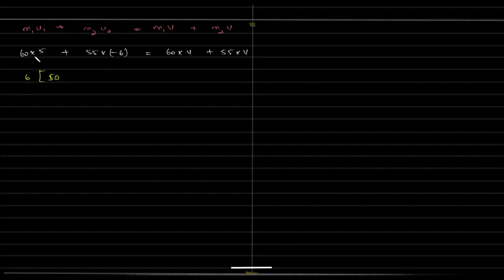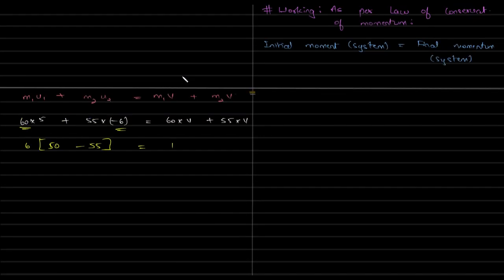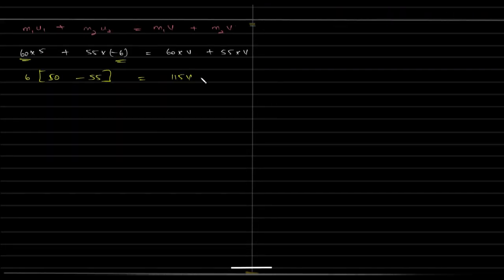This would be 50, is it not? If I take 6 common, 10 would be remaining, and here it is minus 1, so it's minus 55. So 10 into 5 is 50, 55 into minus 1 is minus 55, is equal to 115 V. And so this would be 6 into minus 5 is equal to 115 V.